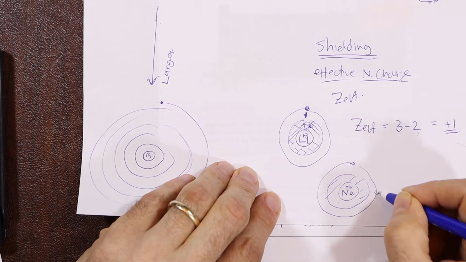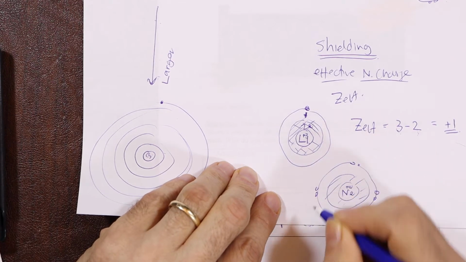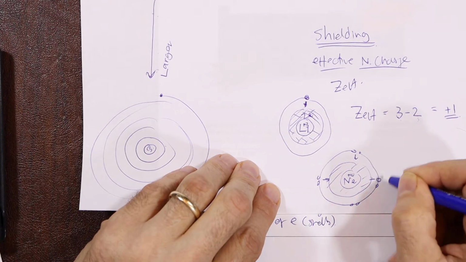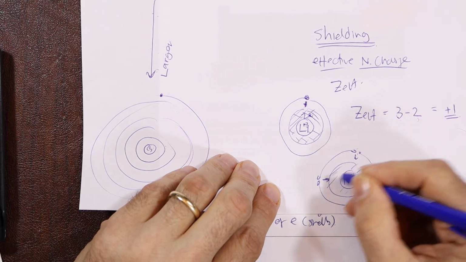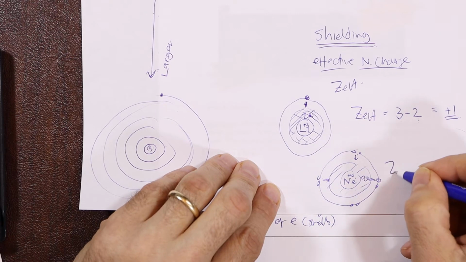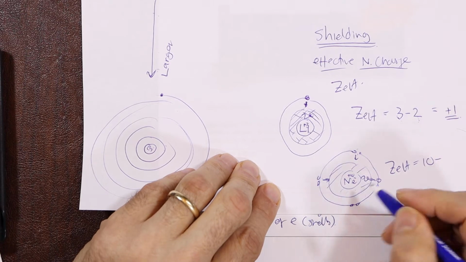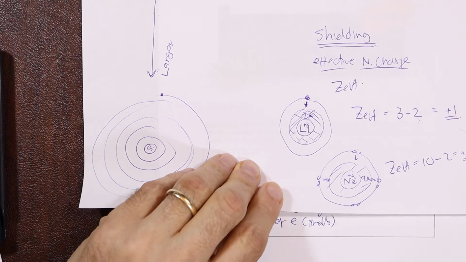And then I've got 8 electrons on the outside. It doesn't matter how many electrons are on the outside because they're all looking in, right? They don't see each other, they just look into the center. There's 2 in the way, it doesn't matter where you are, there's always going to be 2 in the way. So the effective nuclear charge is the nuclear charge 10 minus the number in the way, which is 2, giving 8.